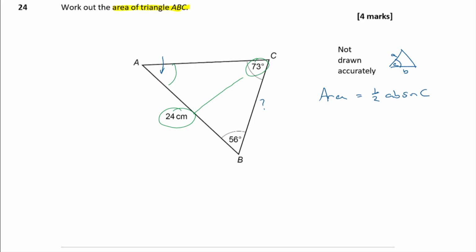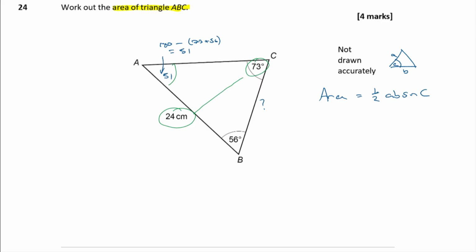So 180 minus 73 plus 56. So 73 and 56, that makes 129. Take that away from 180. That's going to be equal to 51 degrees. Okay, so that one's 51.